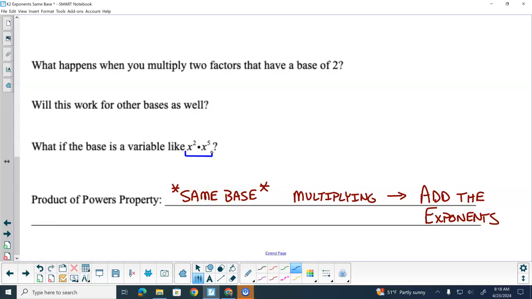If those are the same, then we add the exponent. So what is 2 plus 5? 7. So this is x to the 7th power. Right there. We add the exponents. Multiplying with the same base, we add the exponents.